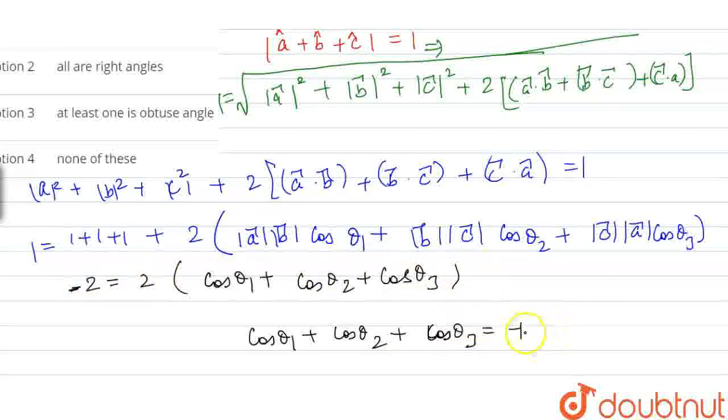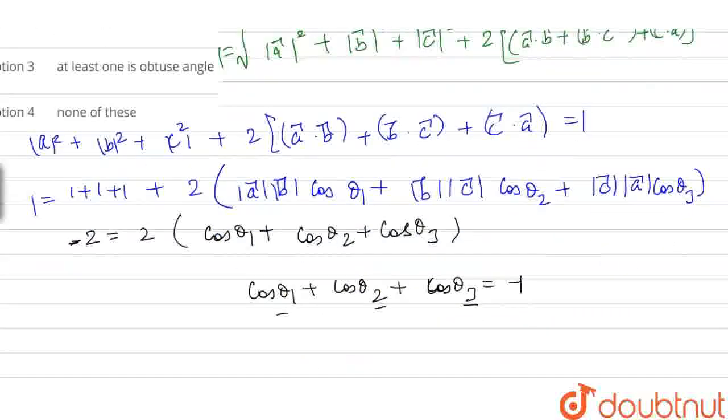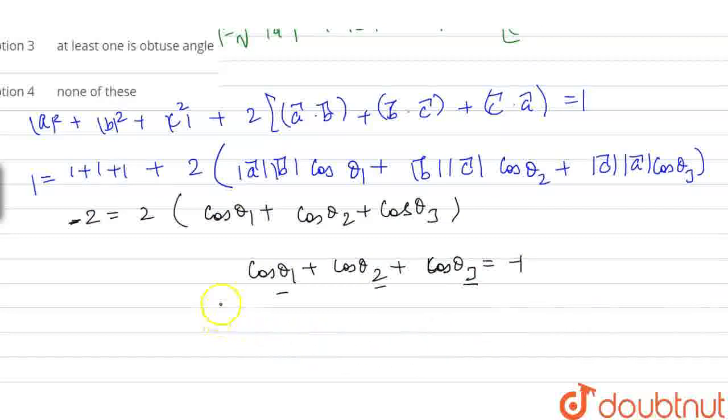Now, we have to comment on the nature of the angles theta 1, theta 2 and theta 3. We know one property of cos theta, that the range of cos theta lies from minus 1 to 1, right? Now we know that the sum of these three values is equal to minus 1. So definitely at least one value is going to lie between minus 1 and 0, so that when these values are added, the sum is minus 1.